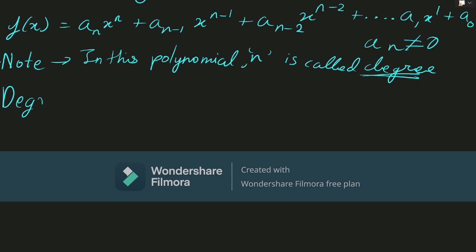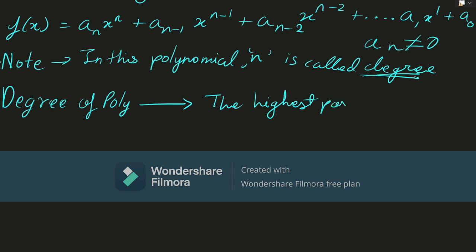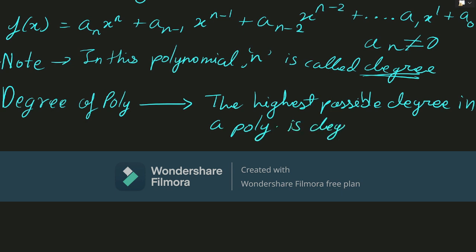You have already learned this in 9th class, so you might know this. You can skip this part if you want, but for those who don't know, I am still going to explain it. Degree of polynomial: the highest possible degree in a polynomial is the degree of the polynomial.